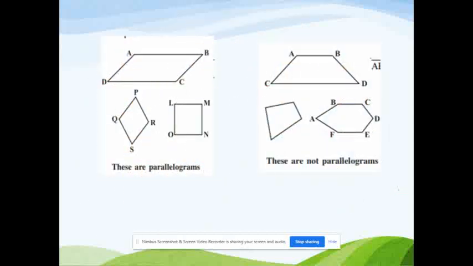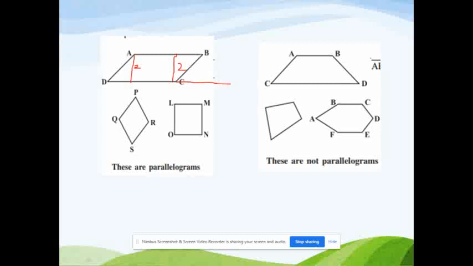Yes, look at this figure. We are going to apply all the properties of a parallelogram in these figures. First, I already told you what is meant by parallel. The distance between the two opposite sides is the same. So if here the height is 2 centimeters, at any point the distance is 2 centimeters.